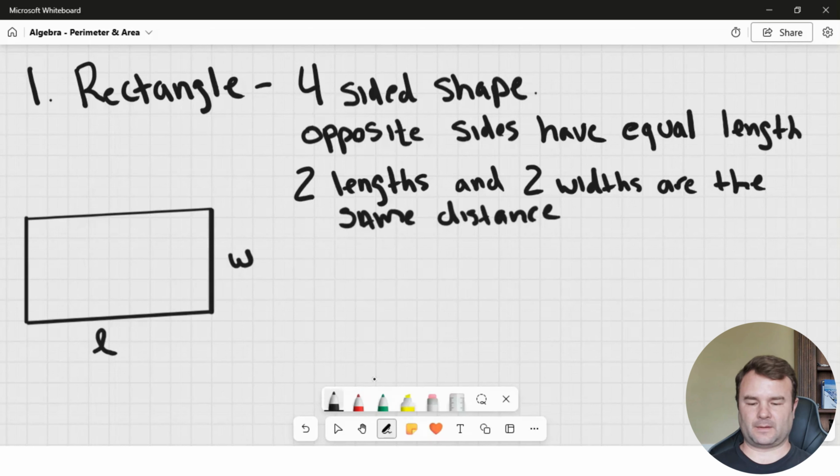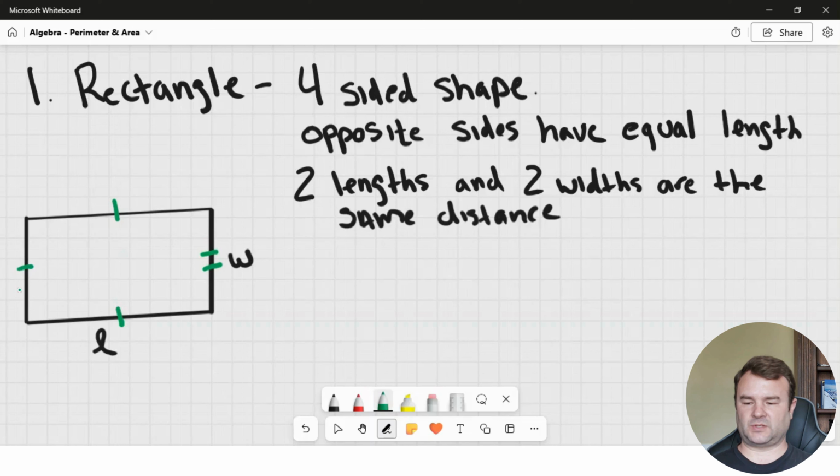And in math, in geometry, we use this symbol here to show that certain sides of a shape have equal measures or distance, and you basically use these slash marks. So we'll put one slash mark through each of these sides, meaning the two lengths have the same distance or measure.